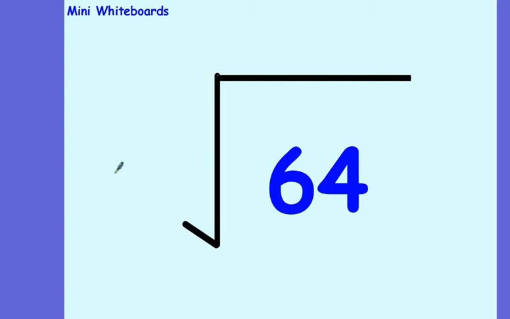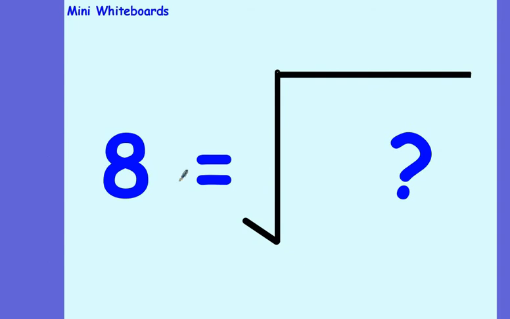What number times itself will give me 64? Josh, what's the square root of 64? 8. Brilliant. So 8 is the square root of what number? Owen, 8 is the square root of what? 64. Brilliant.